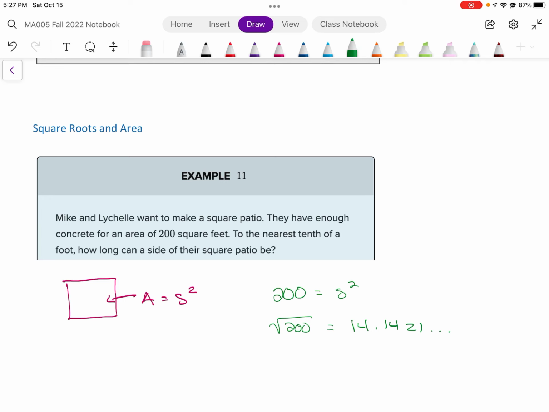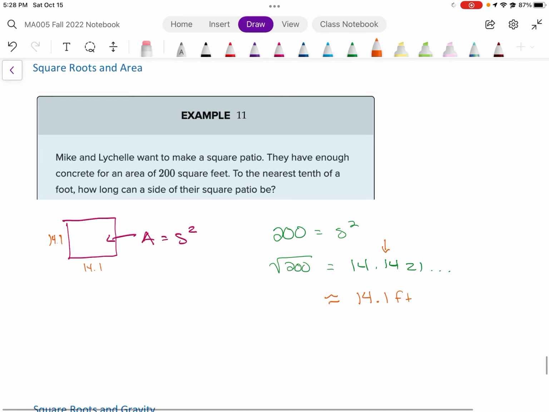It says to the nearest tenth of a foot. So the tenth is right there, and we get 14.1 feet. All right, so that's going to be the side. And you can double check by taking 14.1 times 14.1, because that's the side of the square. It will be close to 200 because we rounded.